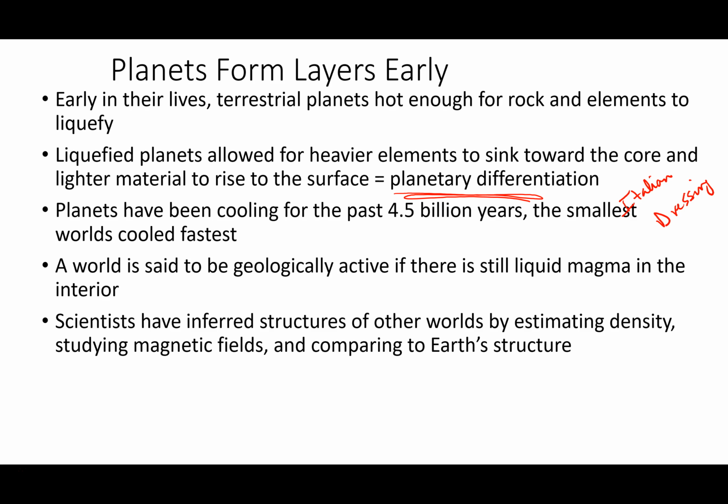So our sun turned on about 4.6 billion years ago. That's when it began, and I'm talking about solar wind. The only way you can have solar wind is if the sun begins generating its own energy.